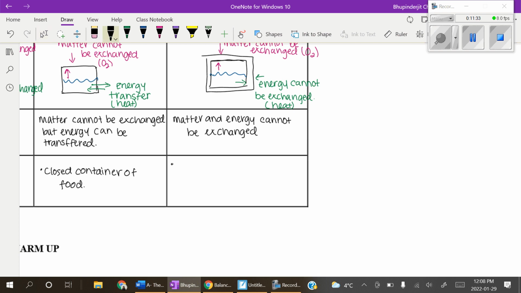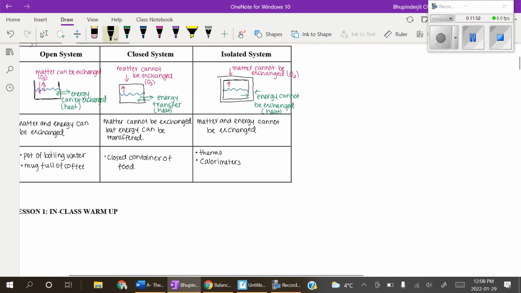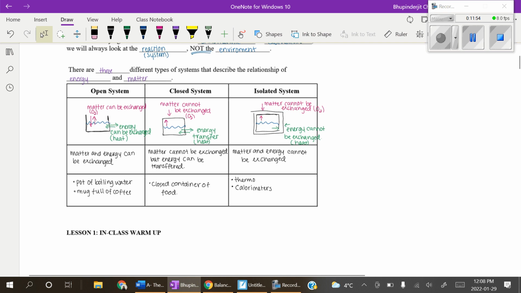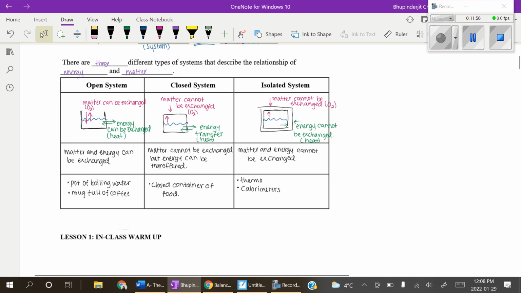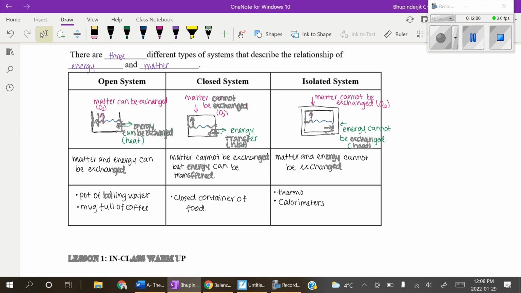So I've been talking about one, it's a thermos or one of those insulated coffee mugs. And then the last one is called a calorimeter. Now, we're going to talk about calorimeters later on in the unit, but I want to introduce you to the word. So don't worry too much about what calorimeter means. Just going to let you know that it is a closed system.